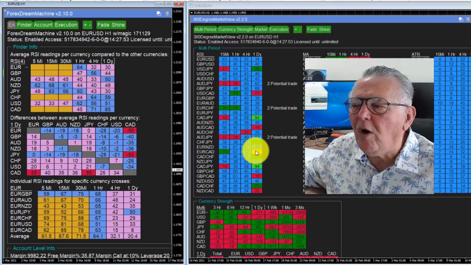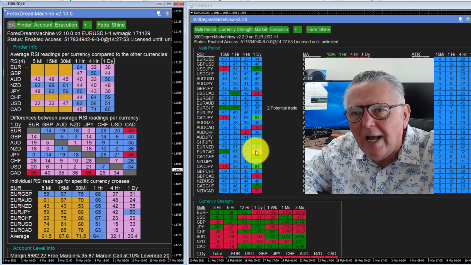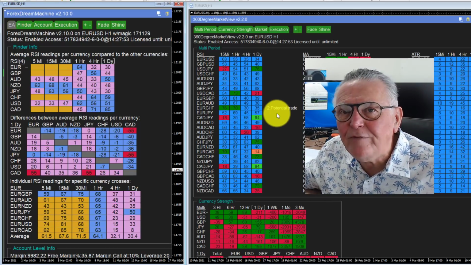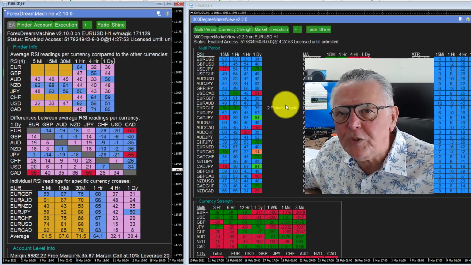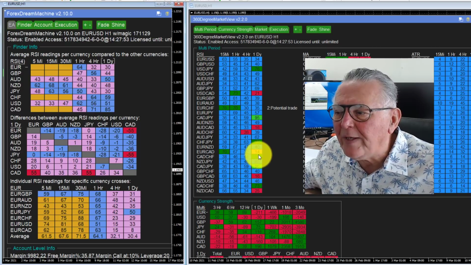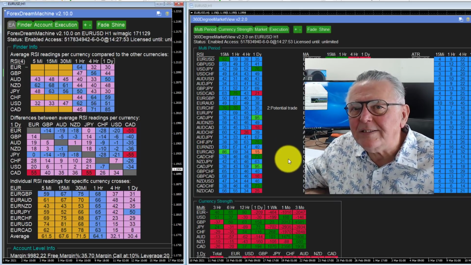So those are the highest oversold and the highest overbought currencies that you can find, and that gives you an idea of trading opportunities, because that currency is extremely strong and that one is extremely weak. And notice they both have the CAD in them, so that gives you an idea of where to look.